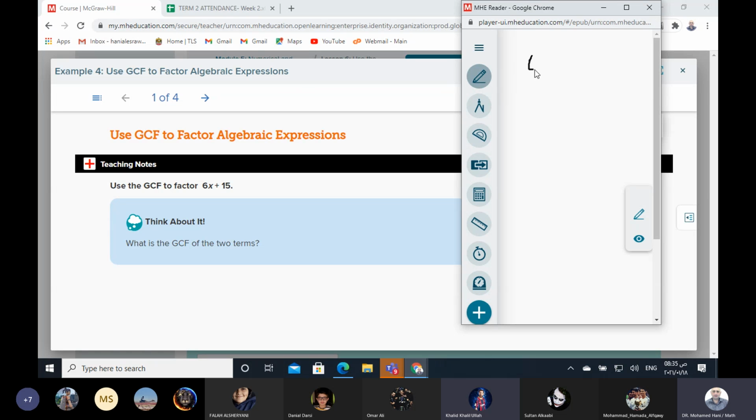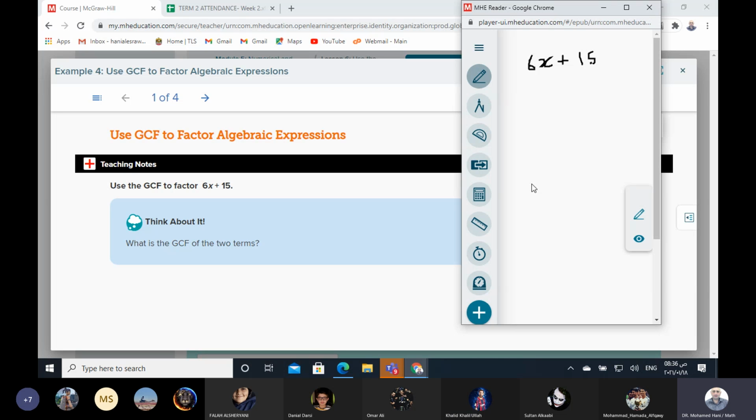Mister, the factor is 3 parentheses 2x plus 5. Mister, can I tell you my answer? Yes, Khalid, tell me. Mister, it's equal to 3 parentheses 2x plus 5.